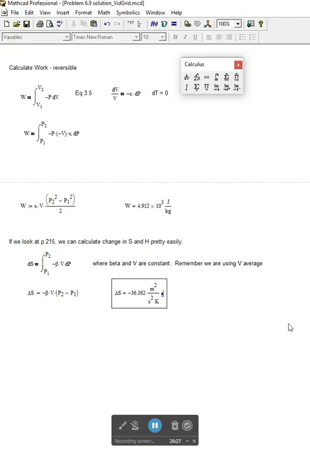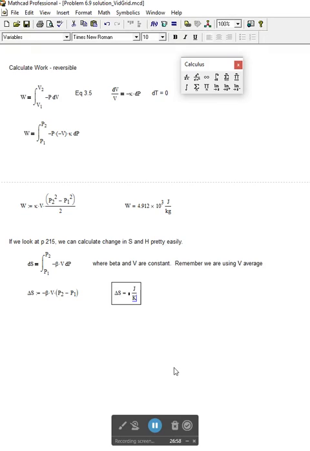Again, MathCAD is putting everything into base SI units, not very useful for chemical engineers. So I'm going to change it to joules per kilogram Kelvin, and you can see it does the change automatically. What if I made a mistake? What if I thought the units were joules per Kelvin?